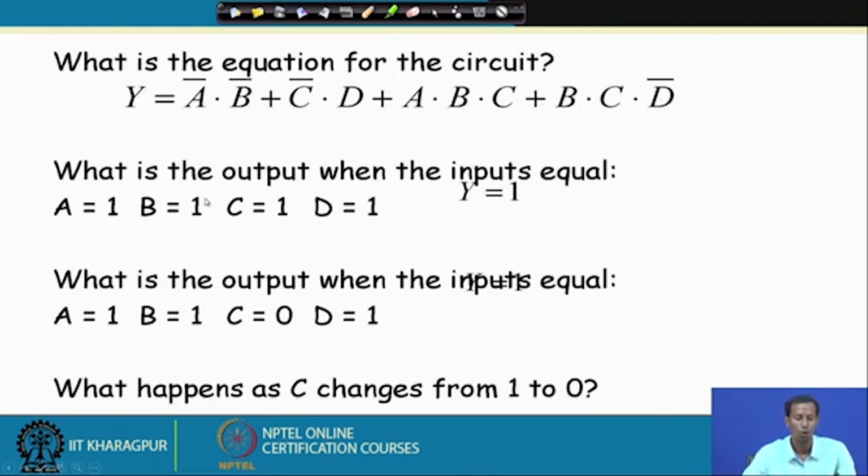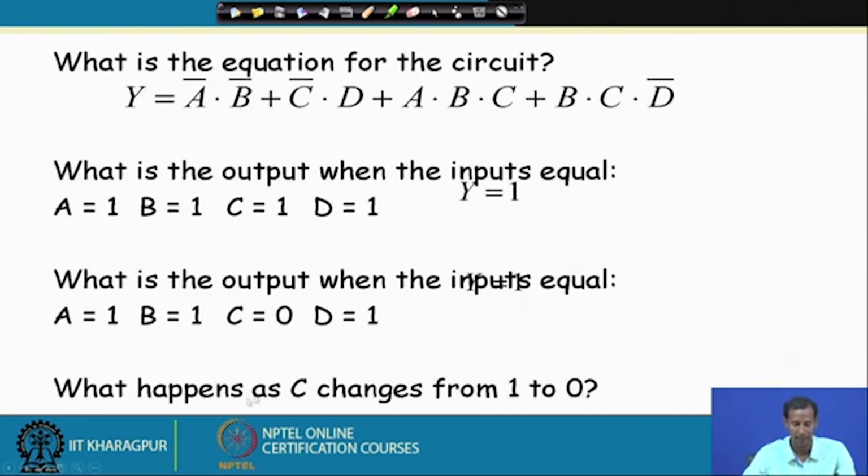Then what is the output when a equals 1, b equals 1, c equals 1 and d equals 1? When all these a, b, c, d are 1, the y output value is 1. Again, when a, b, d are 1 and c is 0, y is again 1.